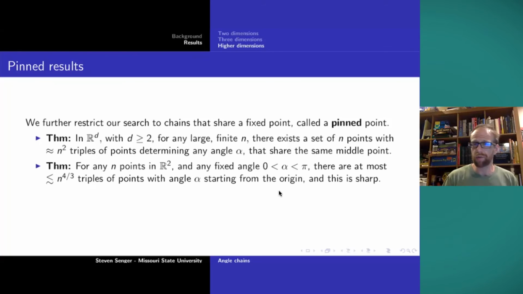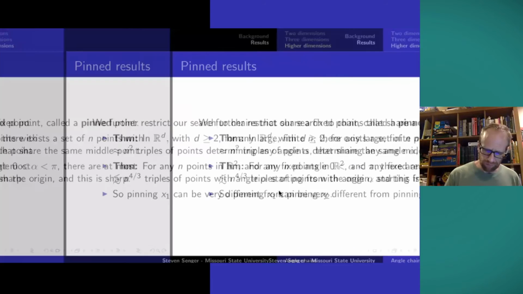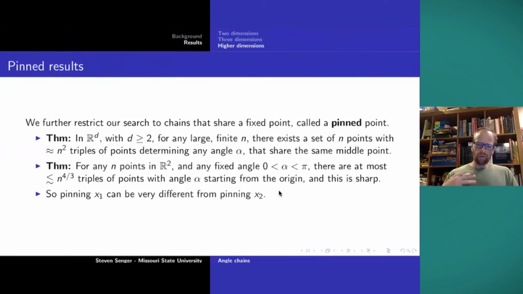And the sharp construction is based on the sharpness construction for the Szemerédi–Trotter point-line incidence theorem. So what's happening here? Pinning X1 can be very different from pinning X2. And again, maybe we should really be studying lines instead of studying points. So pinning the first line or pinning the second line or, you know, ray, however you want to think about it.